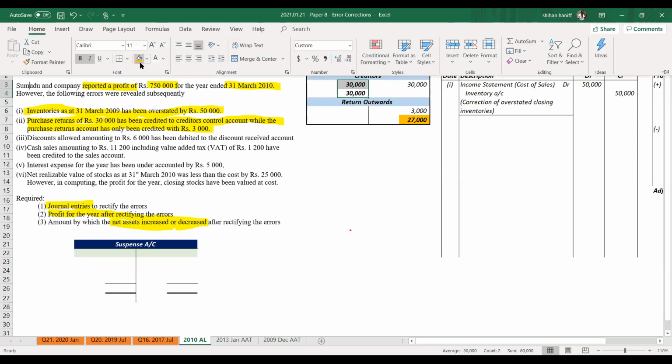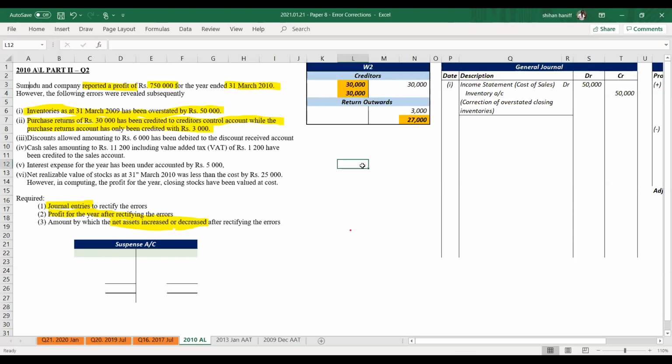So debit 60,000 to the creditors control account. Now the remaining difference is 33,000, which will be credited to the suspense account.